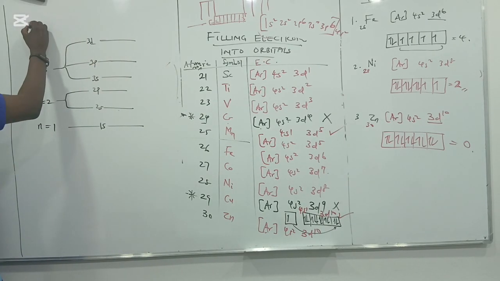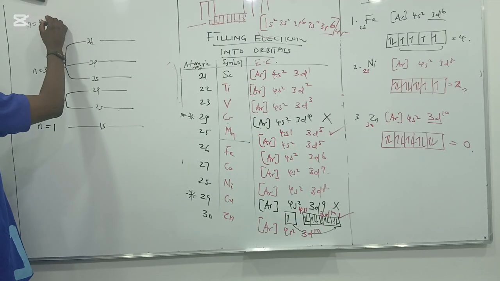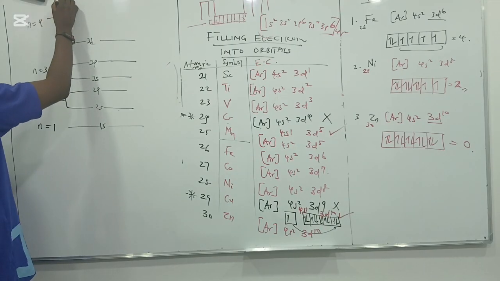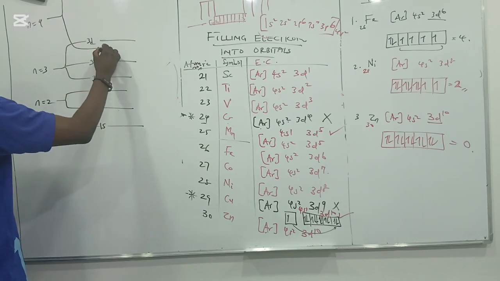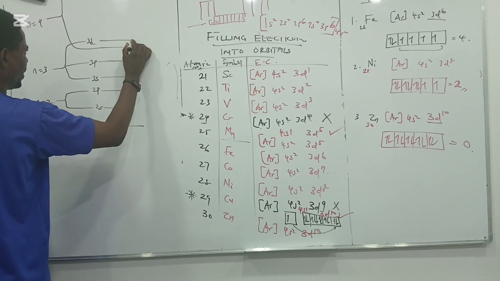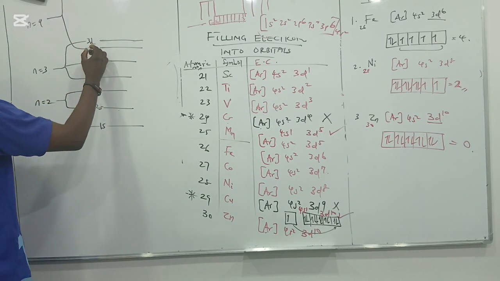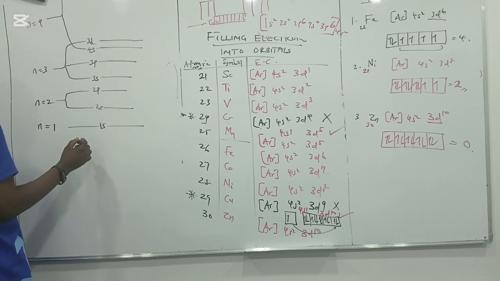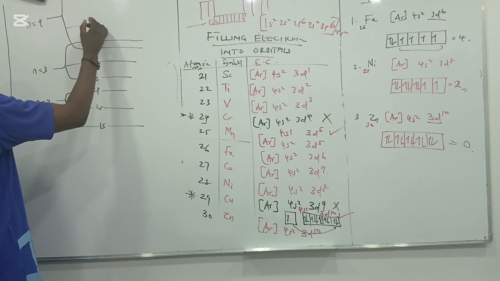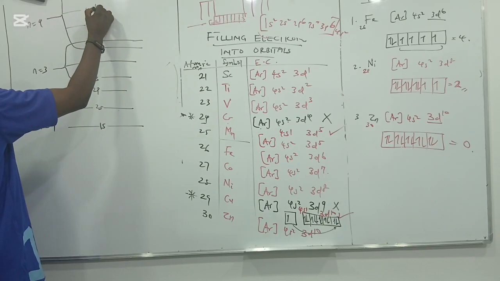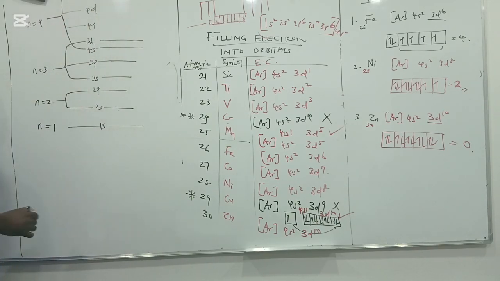When n equals 4, we have 4s here, we have 4p, 4d, and 4f. Look at that. I hope you are seeing that now.